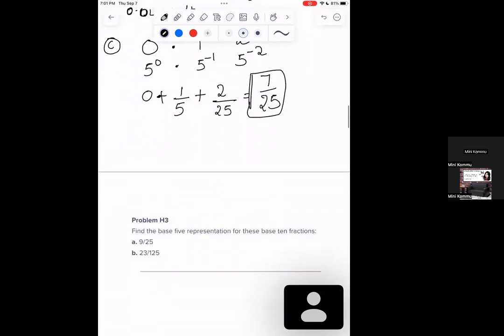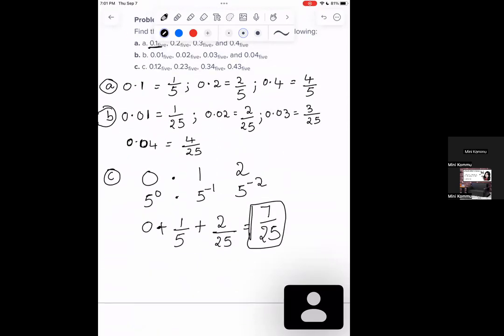Now, I didn't leave enough place, did I? Okay. Now, D. I'm going to use the same method, 0.23. Now, 2 is in 1/5 place, and 3 is in the 1 over 25 place. So, if you go ahead and use the same procedure, you'll get 0.23 as 13 over 25. This is actually not the T problem. It's the same problem. 0.34.